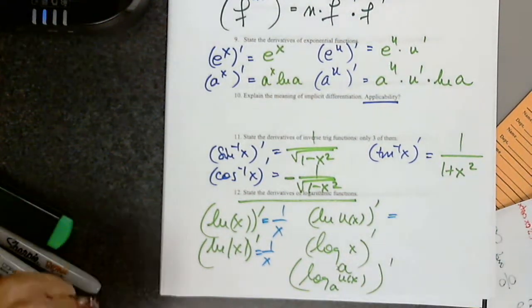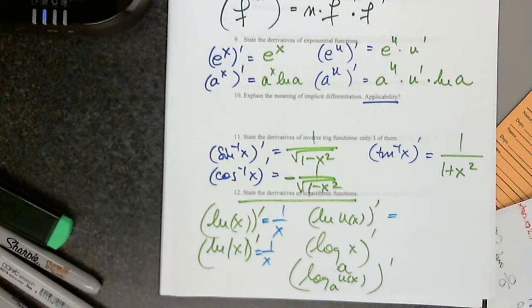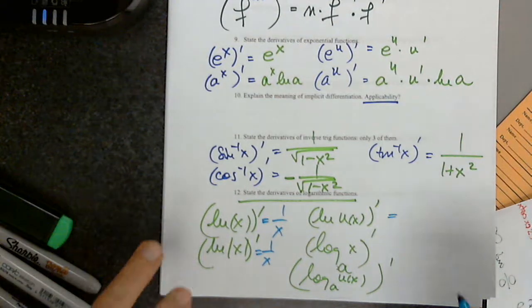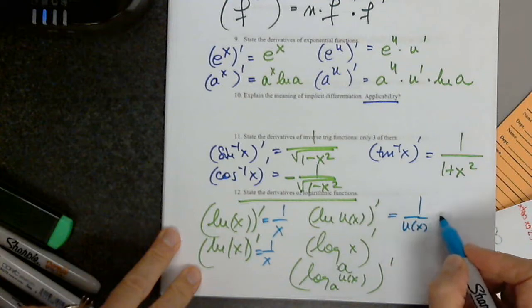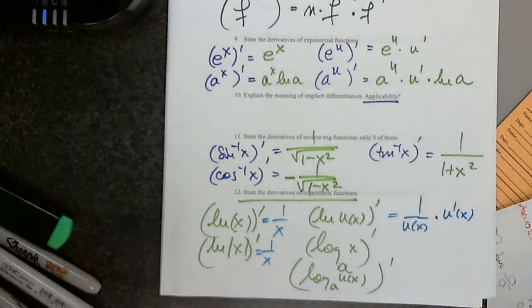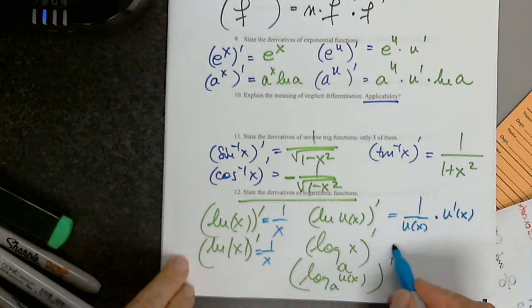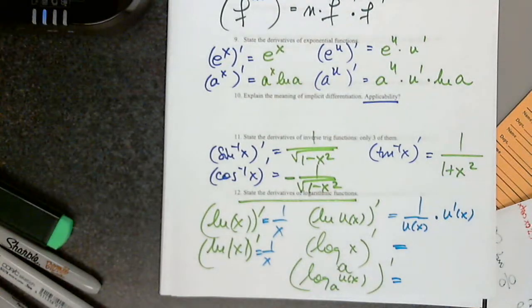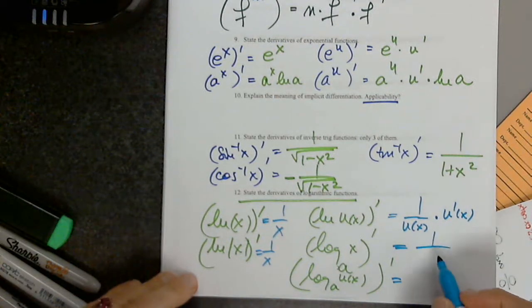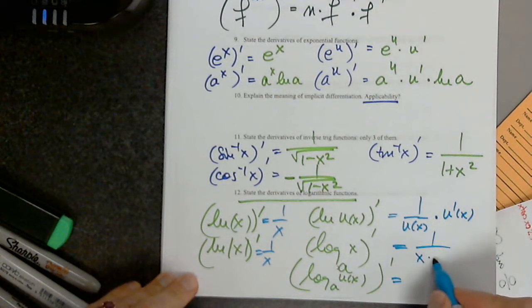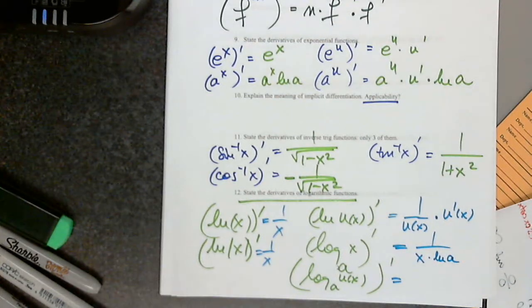Okay, the next one. 1 over u of x times u prime of x. Excellent. Log base a of x prime. 1 over x times, indeed, 1 over x times natural log a.